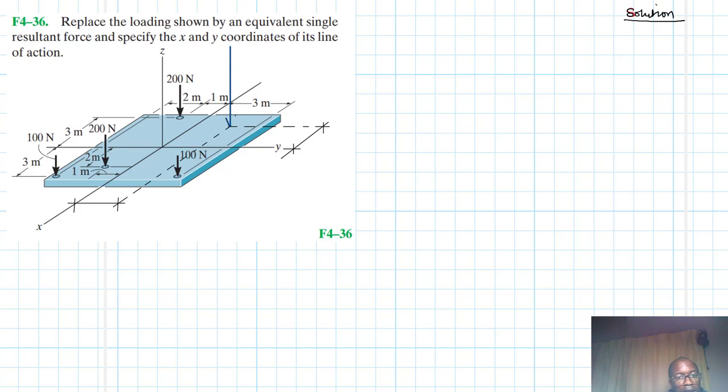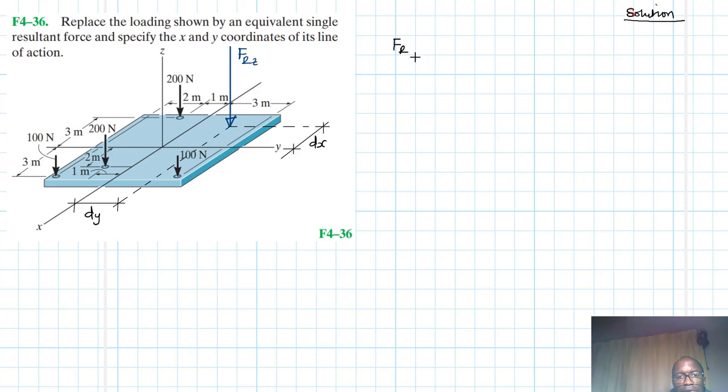Let's call this our FRZ, and then let's call this one dy, and then this one dx. Great. So with this information, let's write down the equations.